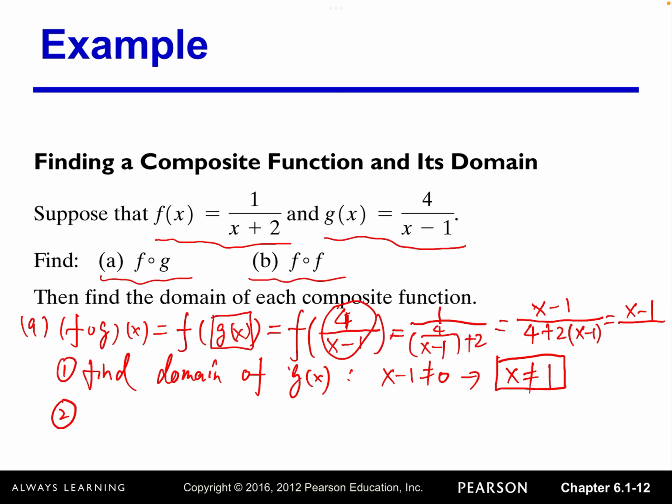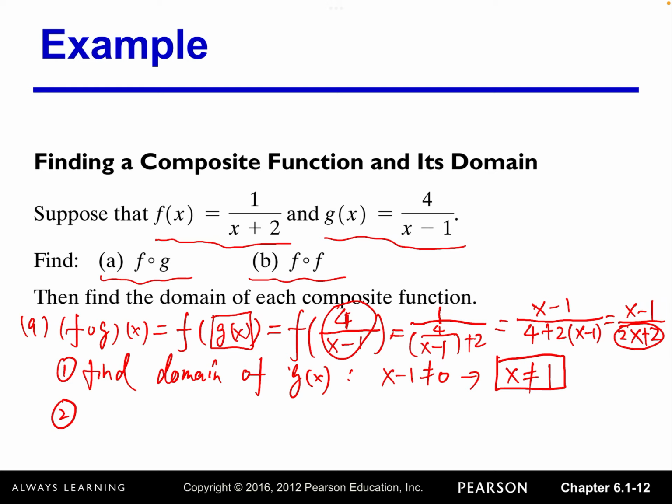So that's 2x minus 2 plus 4. Minus 2 plus 4 is a positive 2. So the denominator of the composite function is 2x plus 2.